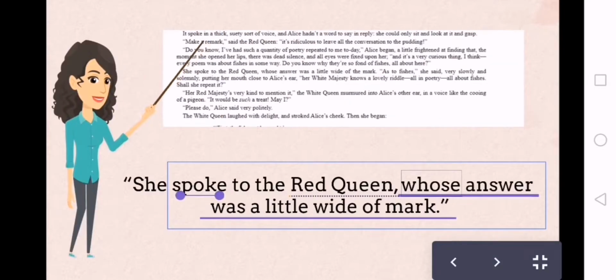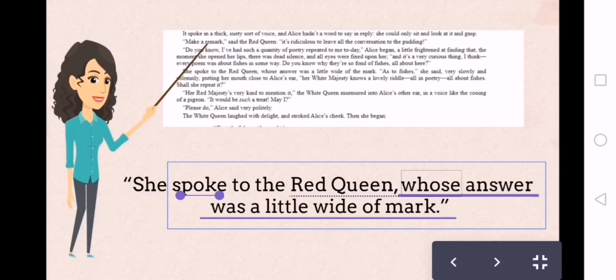Our fifth sentence is "She spoke to the Red Queen, whose answer was a little wide of the mark." "She" is the pronoun which we know is the subject, and "spoke" is the main conjugated verb, so the predicate is "spoke to the Red Queen, whose answer was a little wide of the mark." We know that this is a relative clause, because this is giving extra information.